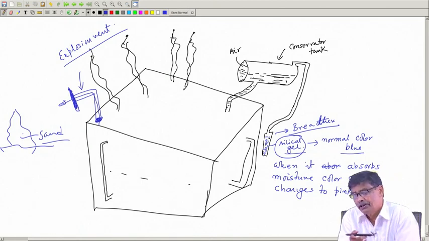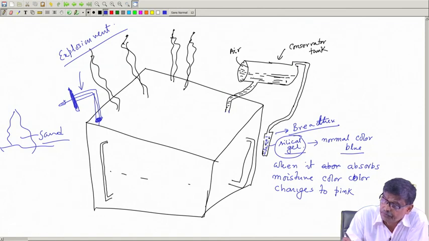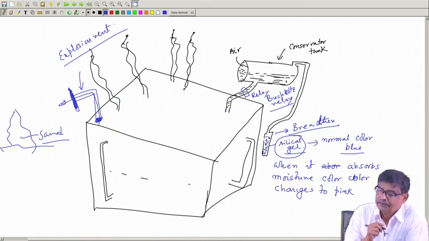And the only last point I must tell you is that between this conservator tank and this tube here, a relay is connected, which is called Buchholz relay. Okay.